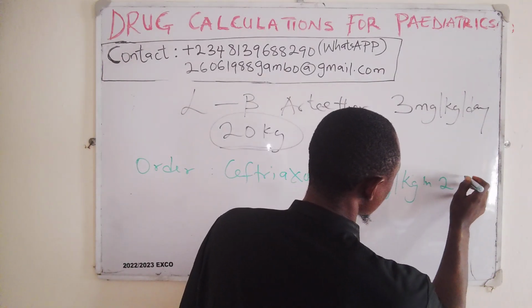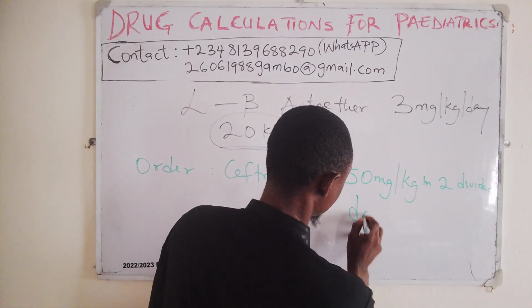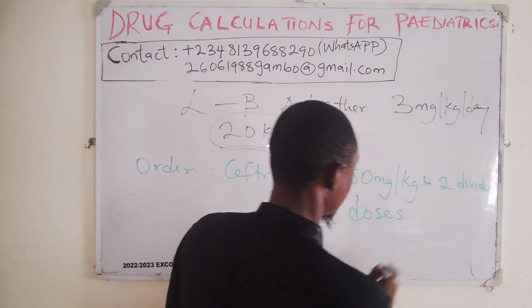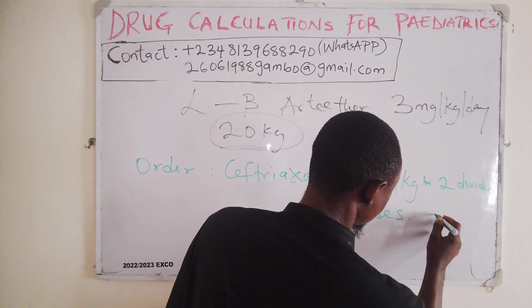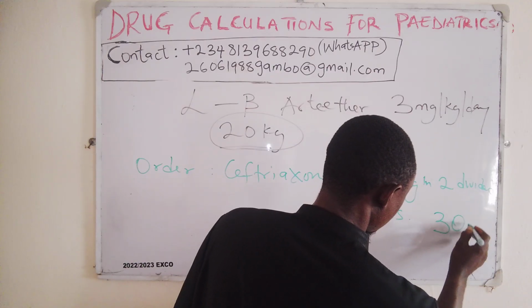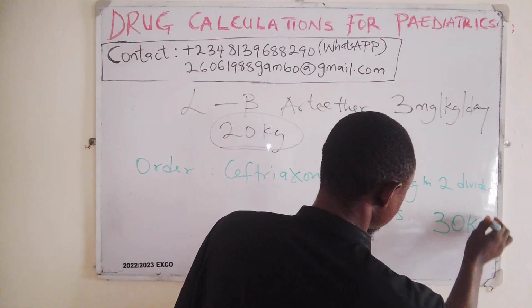In 2 divided doses. Take the child's weight to be 30 kg.